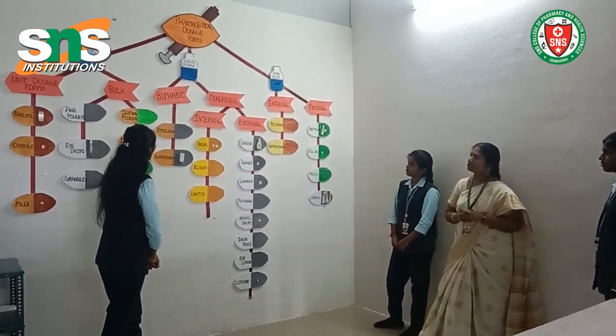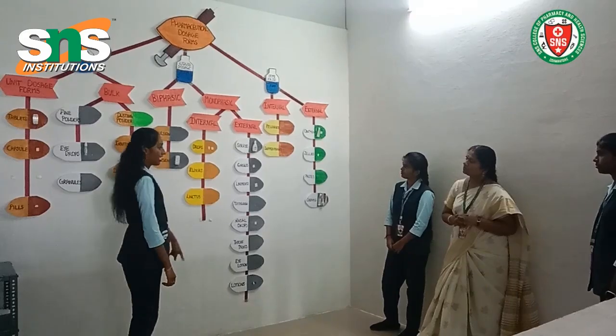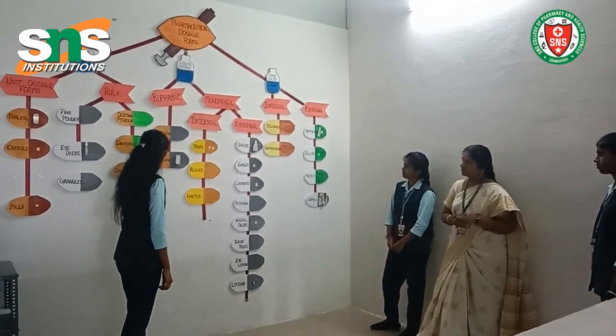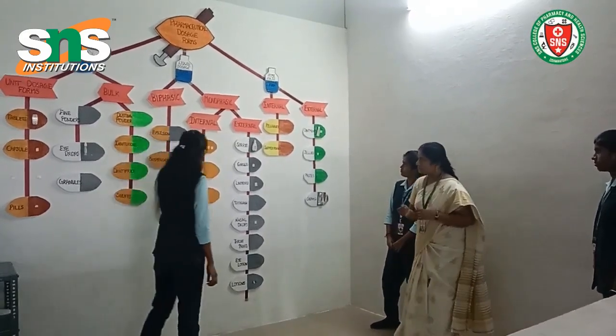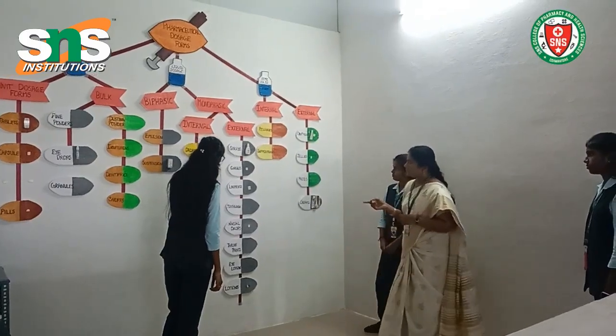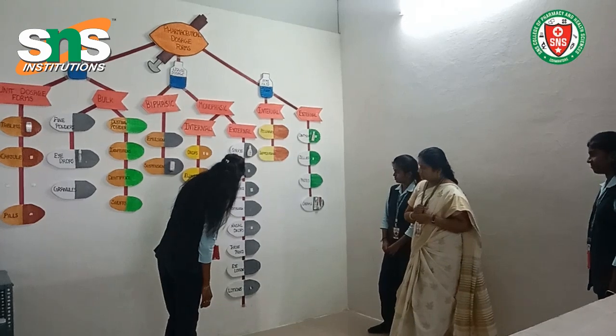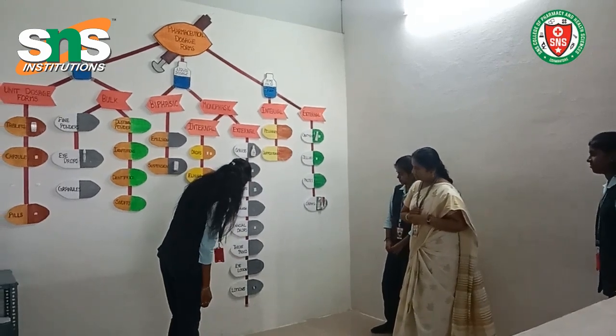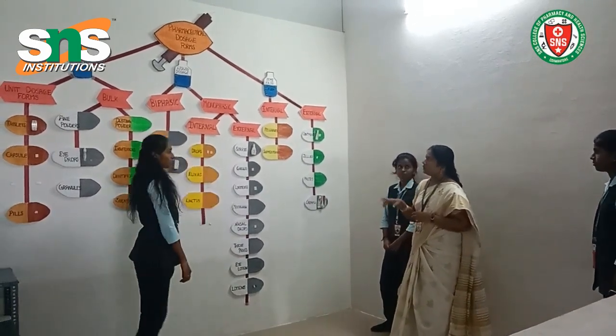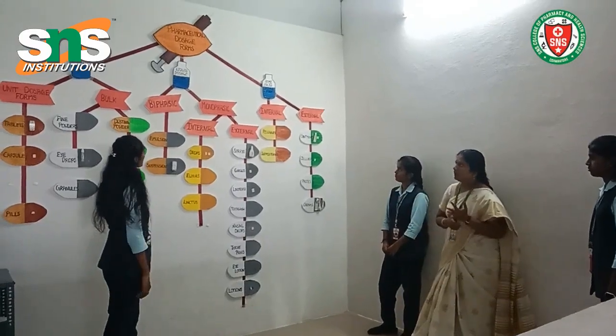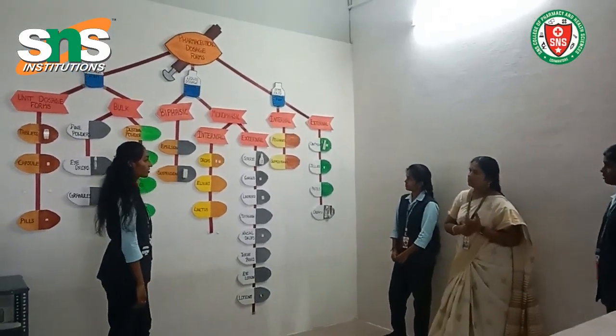Read it. Monophasic, internal and external. Internal: liquids. External: sprays, gargles, liniments, mouthwash, nostril drops, ointments, eye lotion, lotions. So you have monophasic. What do you mean by monophasic? Mono means what?